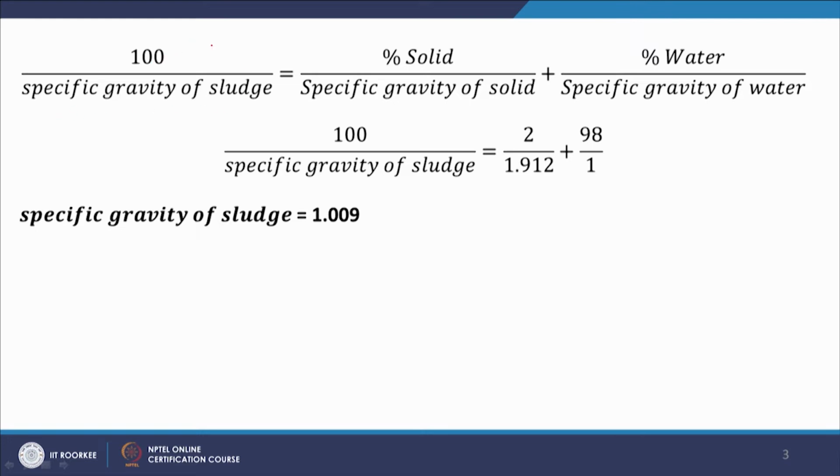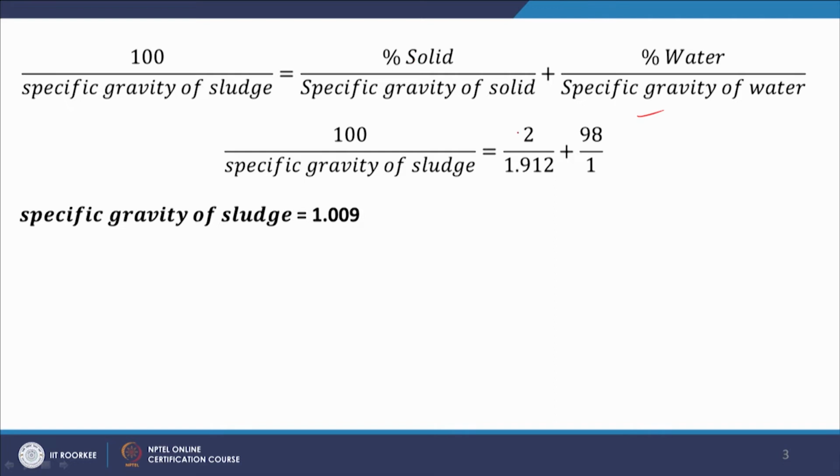So, 100 by specific gravity of sludge, total volume of the sludge, is equal to percentage solid by specific gravity of the solid, that is the volume of the solid present in the sludge, plus percentage water divided by specific gravity of water, the volume of water present in the sludge. So, this is the concept. Here 100 by specific gravity of sludge is equal to: percentage of solid is given, 98% water, so 2% is your solid.